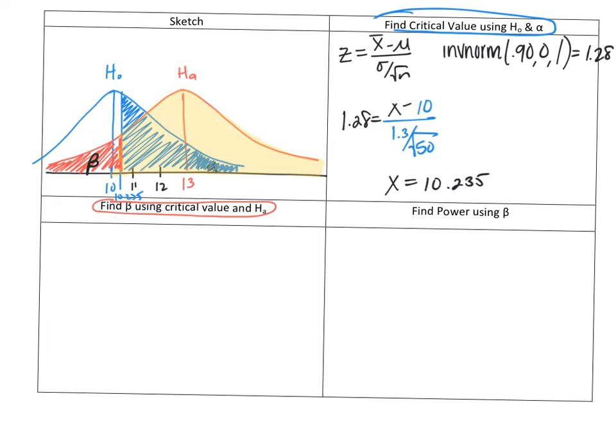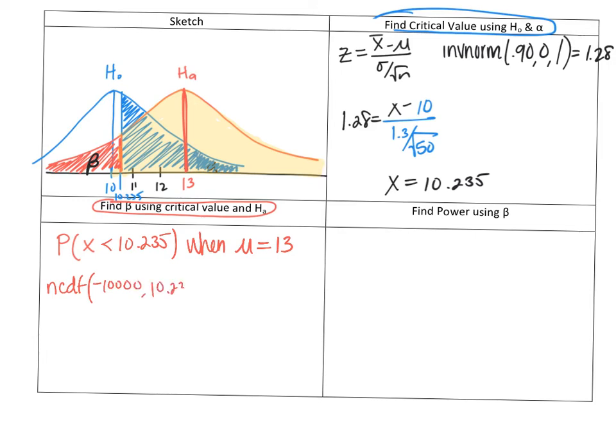Okay, beta is right here, and beta is the probability of an x value being less than 10.235 when we're centered at the alternate, when mu, oops, not 10, when mu is 13, because we're centered at the alternate of 13. Okay, normal CDF. I got a lower bound of something big.